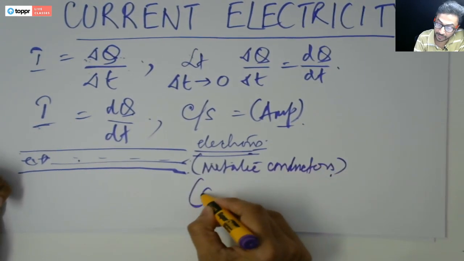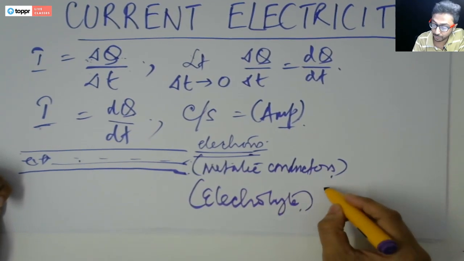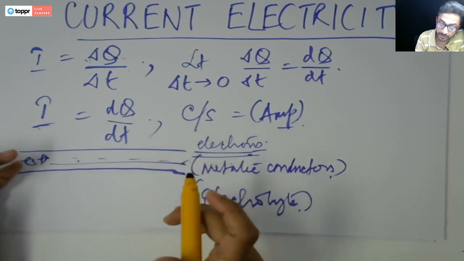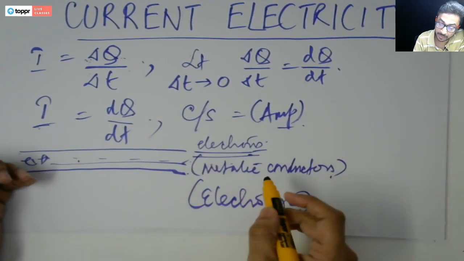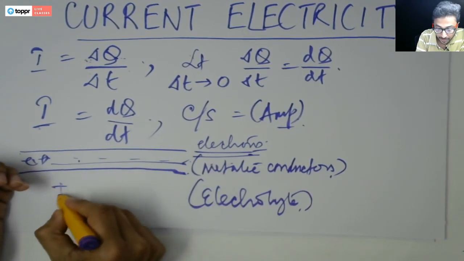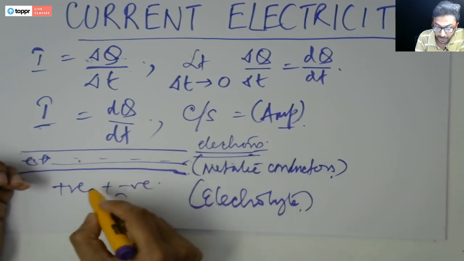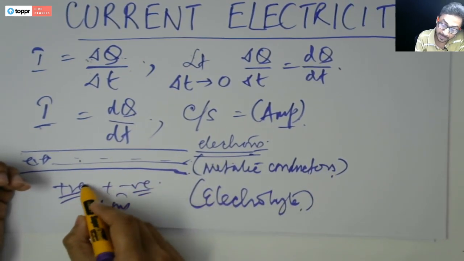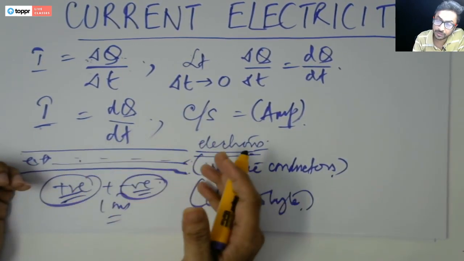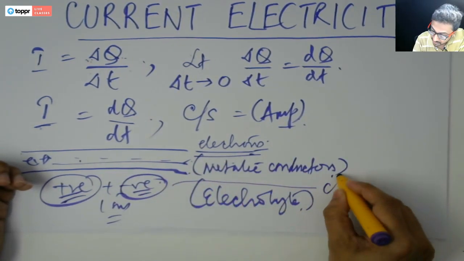But in the case of an electrolyte, where a salt is mixed in some chemical solution, we have positive as well as negative ions. These ions carry charges, so when they are moving within the electrolyte, they can also behave as charge carriers.